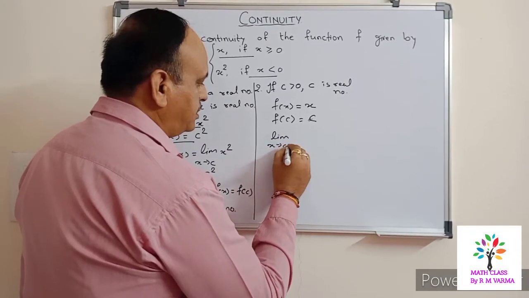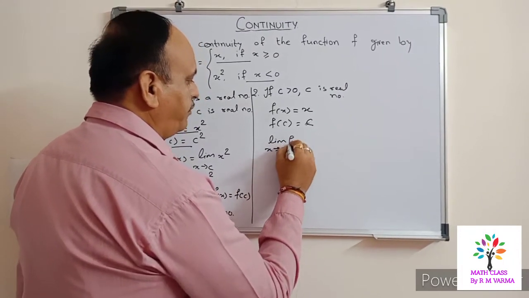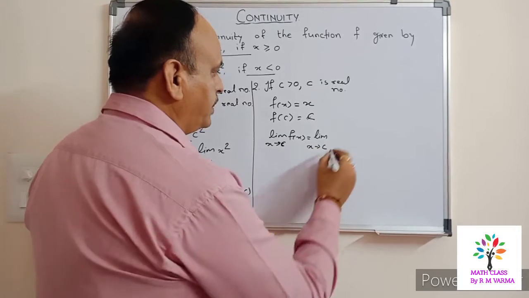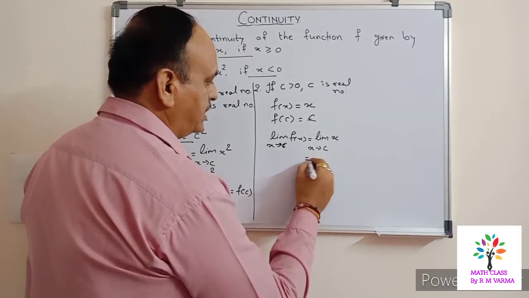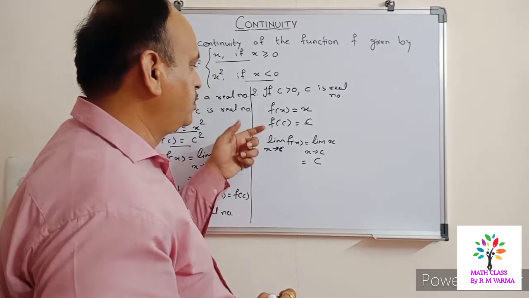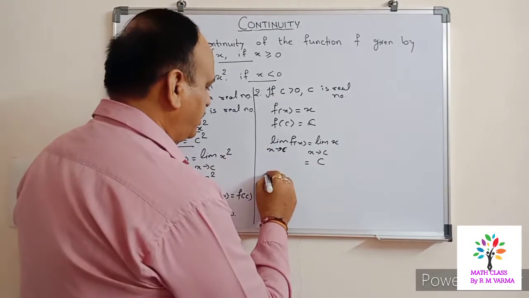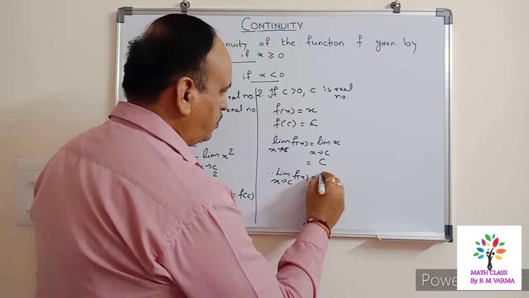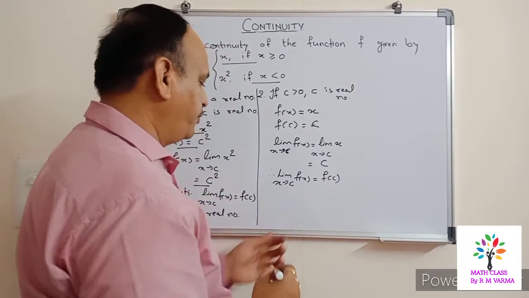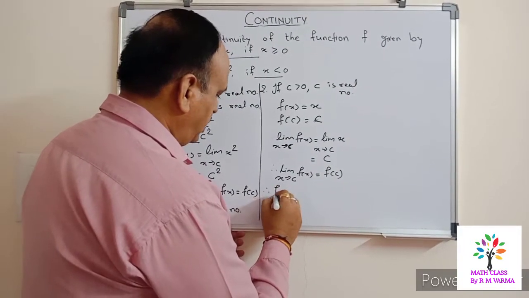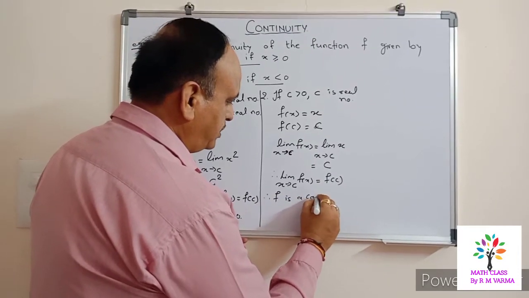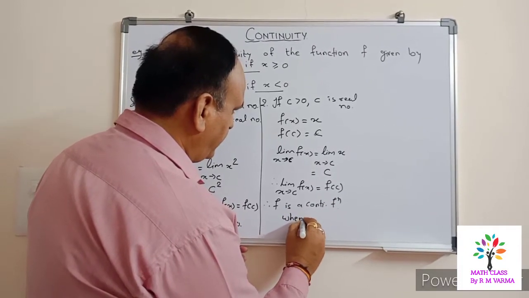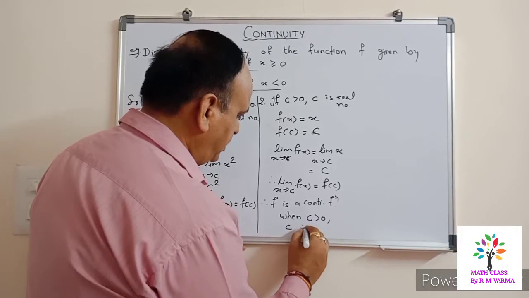Limit x tends to c, f(x) equals limit x tends to c, x. So the answer is c. So both function and the limit are same. Therefore, limit x tends to c, f(x) is equal to f of c. Therefore, f is a continuous function when c is greater than 0 and c is real.